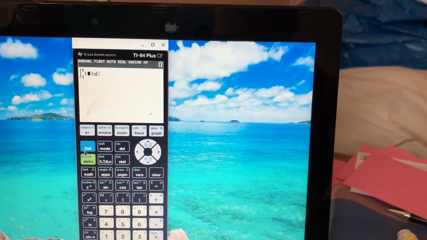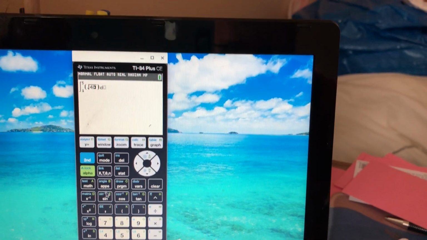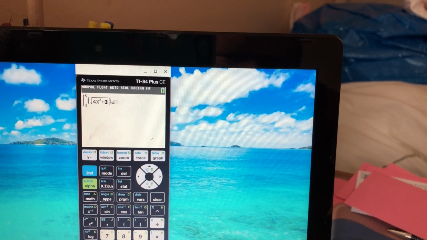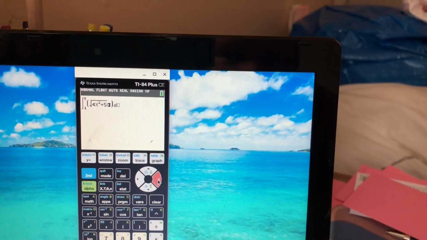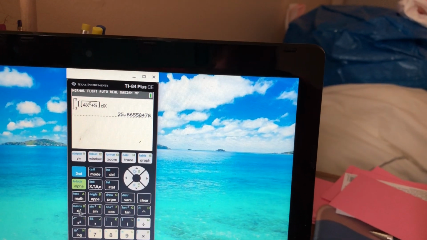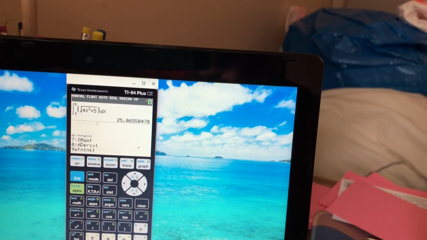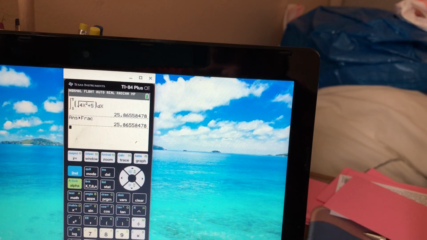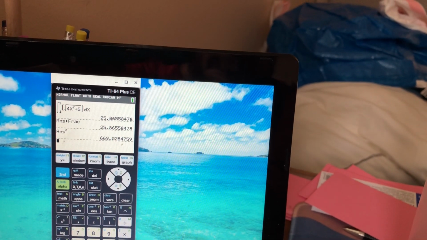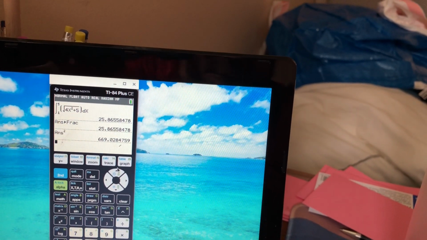Let's see, square root of 4x squared plus 5. I'm just going to double check that it's not a fraction. Okay. And then I have a little trick that I use to figure out if this is something nice. I try squaring it. Dang. Okay.